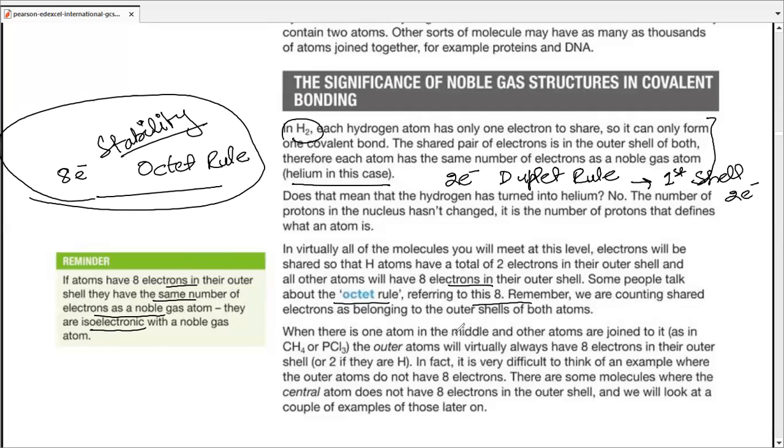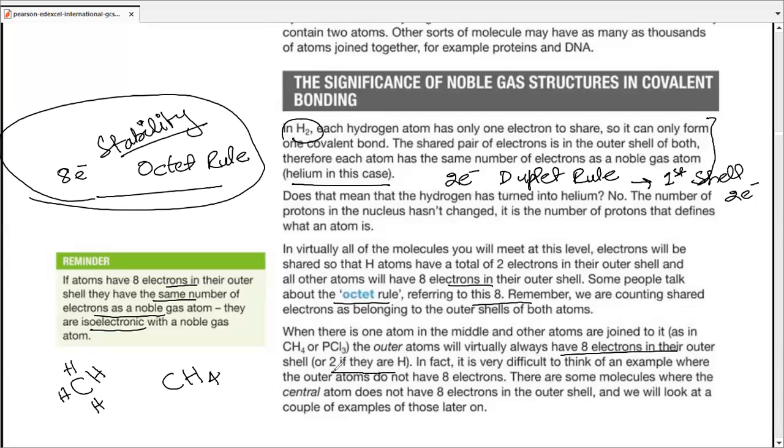So when we write the formula and we write one atom in the middle and the other atoms joined to it, such as CH4, it means carbon is probably in the center and there are 4 hydrogen atoms surrounding it. Outer atoms will virtually always have 8 electrons in their outermost shell, only 2 in the case of hydrogen.